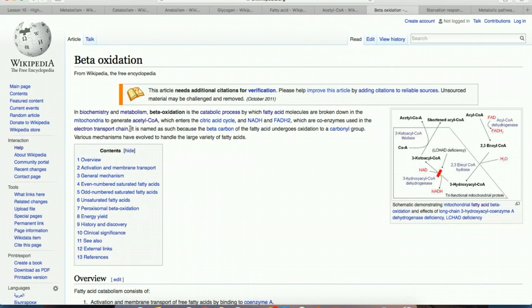So once the fatty acid is broken down into acetyl-CoA, then the process is the same. The citric acid cycle and the electron transport chain are the same as in cellular respiration. It is named beta oxidation because the beta carbon of the fatty acid undergoes oxidation to the carbonyl group.